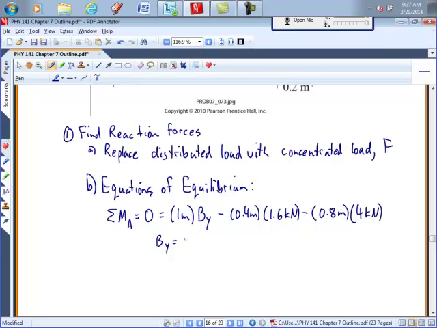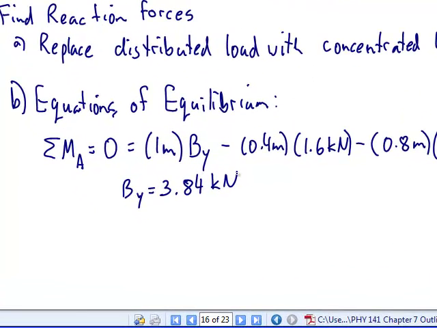By equals 3.84 kilonewtons. Then we can do the net force in the y direction to find what Ay is.